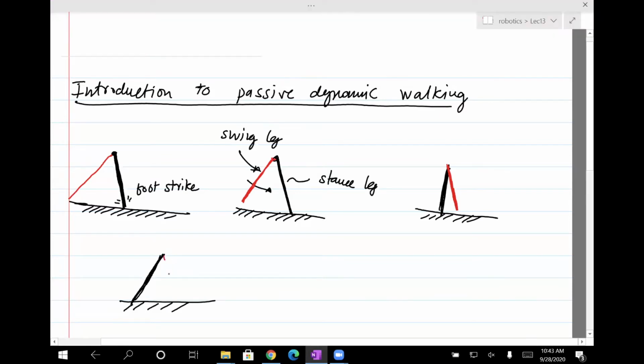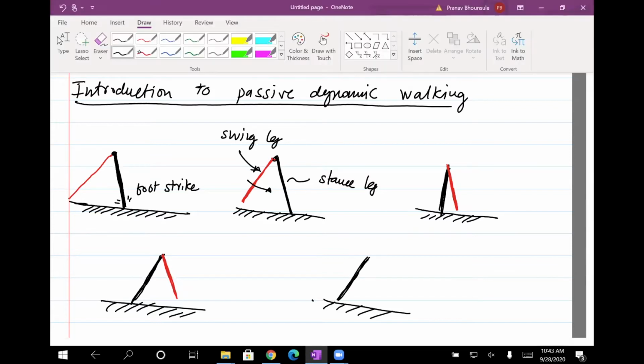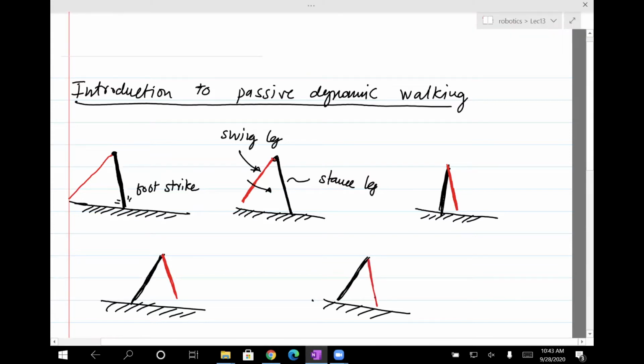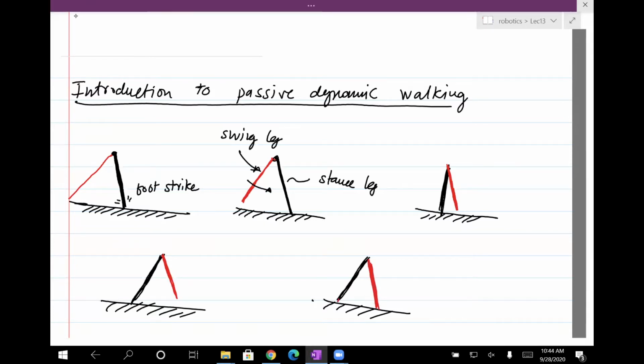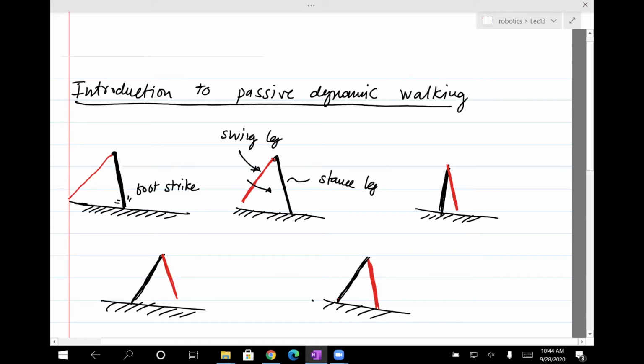So here it's about to hit the ground, and finally it just hits the ground, and we have foot strike.